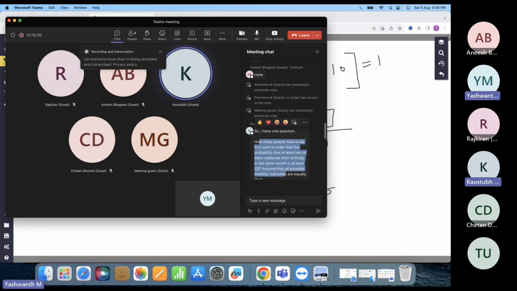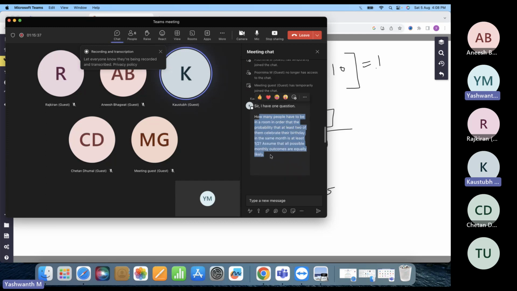So how many people have to be in a room in order that the probability of at least two of them celebrating their birthday in the same month is at least 1/2? Assume that all possible monthly outcomes are equally likely.